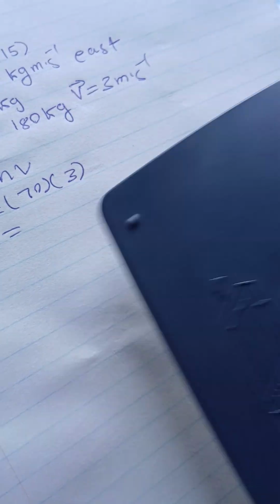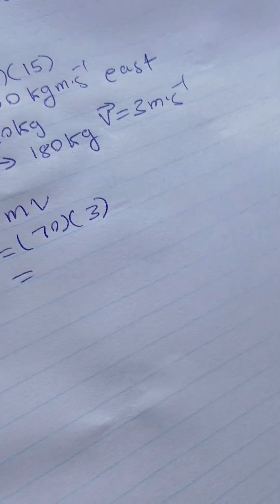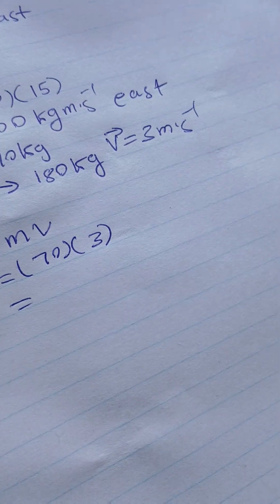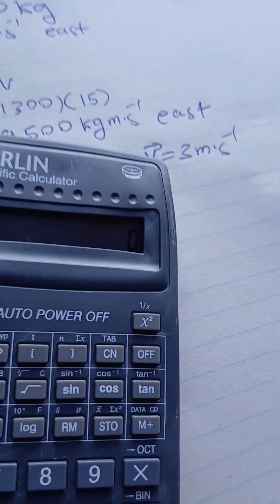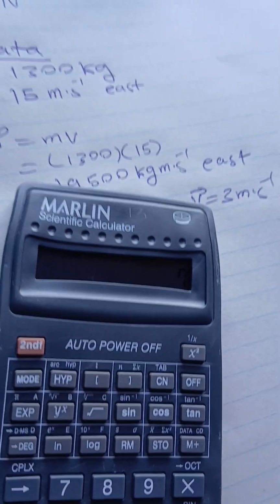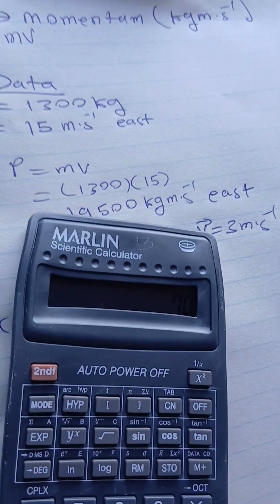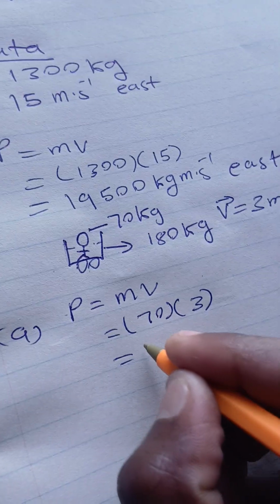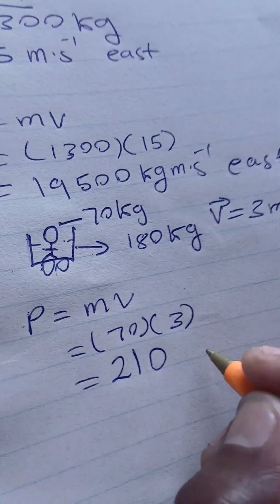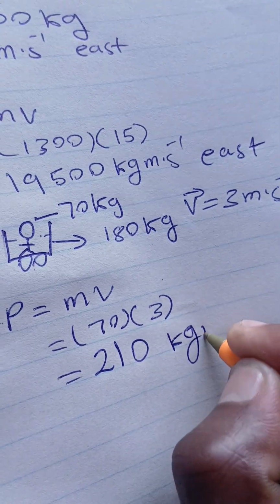You can say 70 multiplied by 3, you get 210. I hope you get the same answer on your calculator as well. So you have 210 kg meters per second.